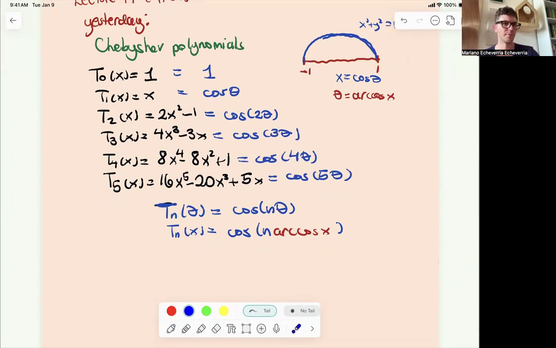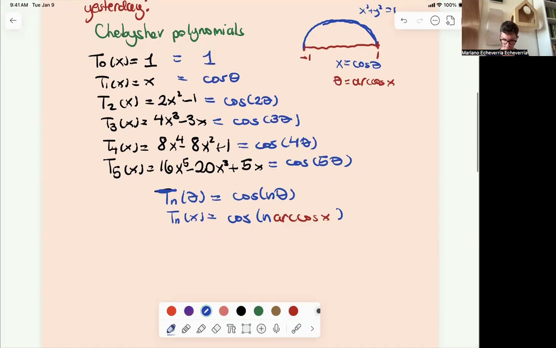The last thing I want to mention about them for our purposes, in terms of properties, is that one of the other nice features is that they are orthogonal. That's what I was trying to say yesterday. In terms of the variable theta, the polynomials are orthogonal.